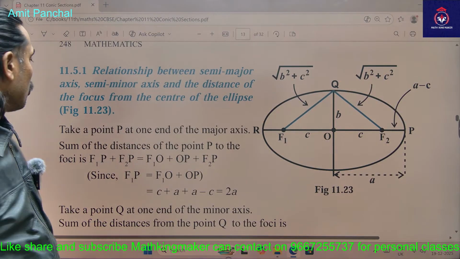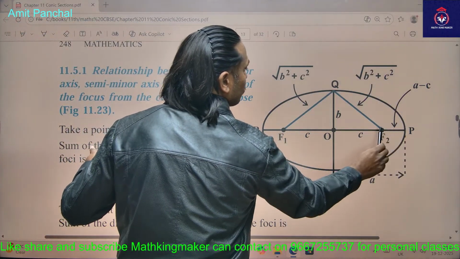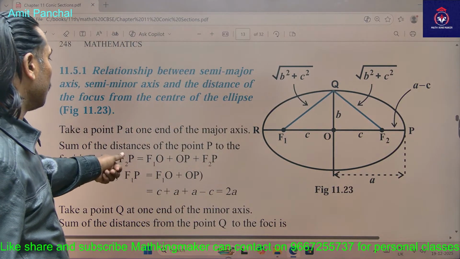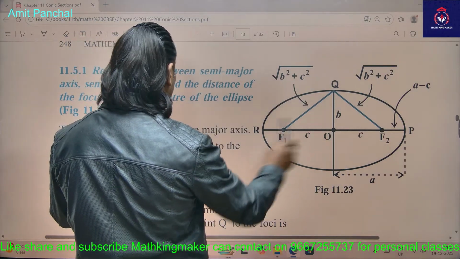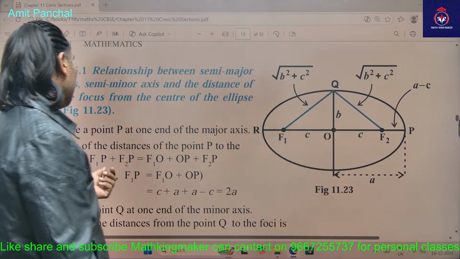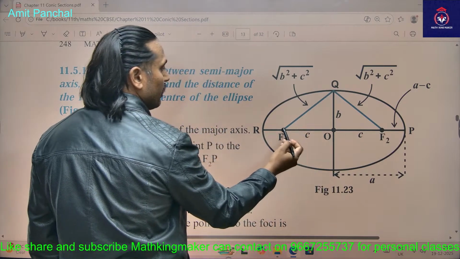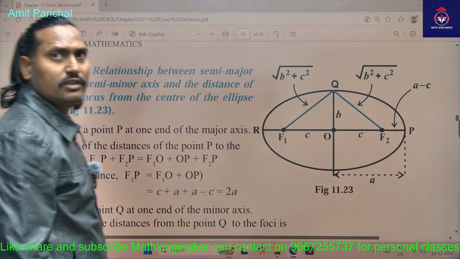So if we take F1P plus F2P, that will be equal to F1O plus OP. We can write it in this manner.